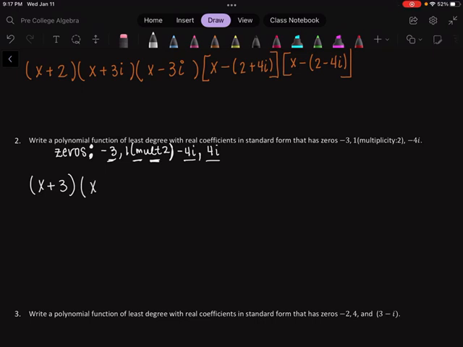And then we have x plus 1, x minus 4i, and x plus 4i. Okay, so again, kind of like we did up there, when we have conjugates, they'll always come out to be in pairs like this. 1 plus, 1 minus.